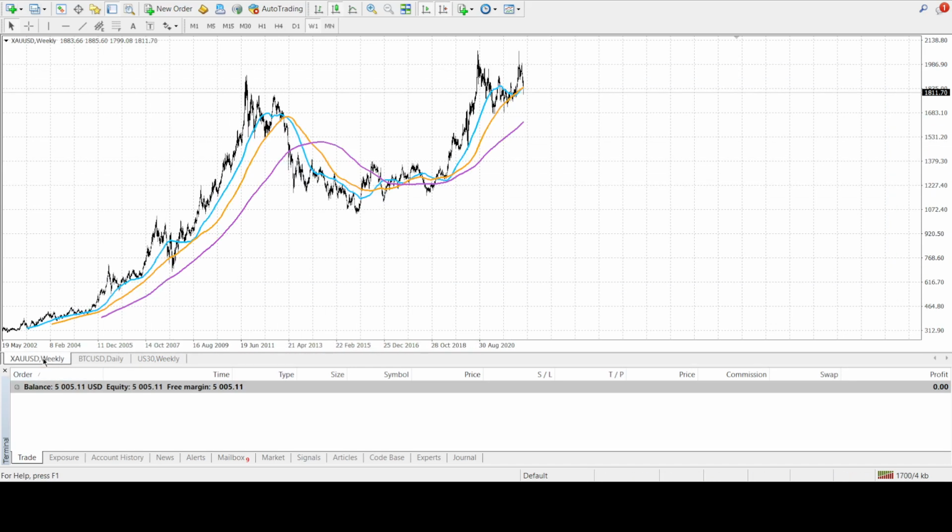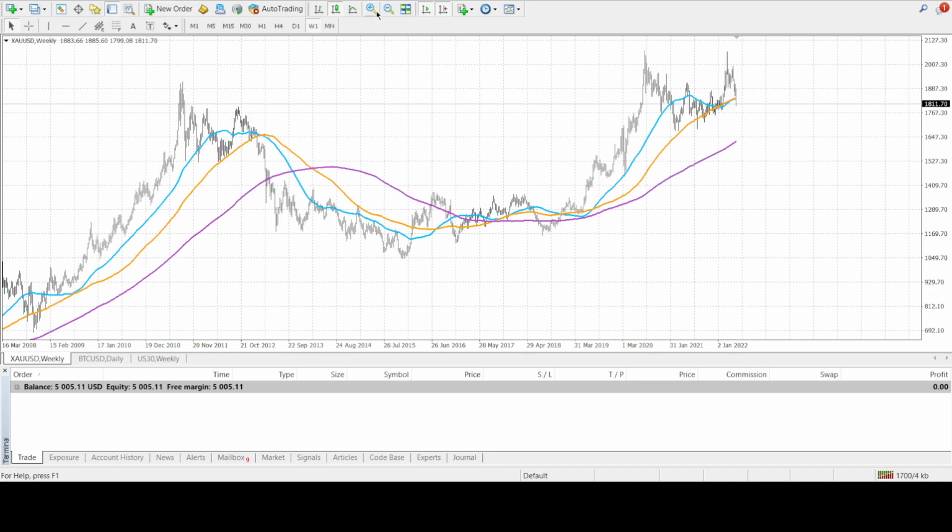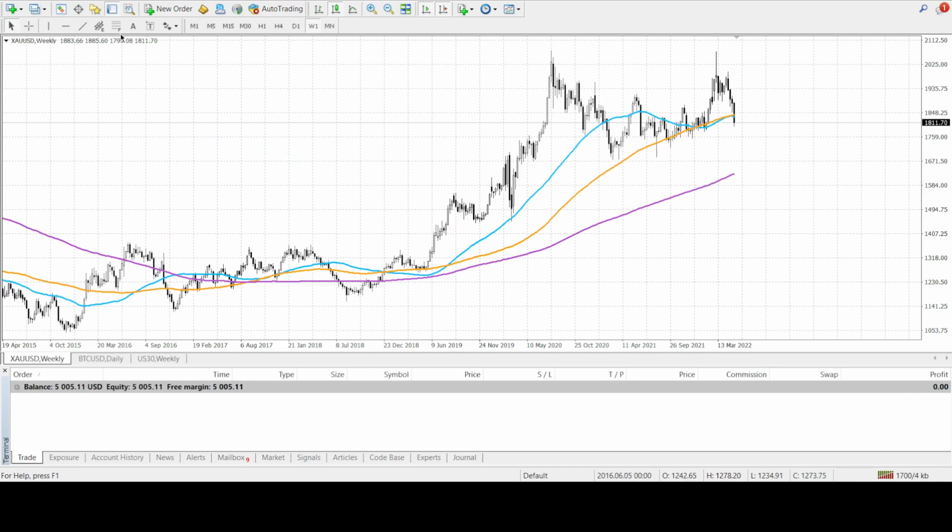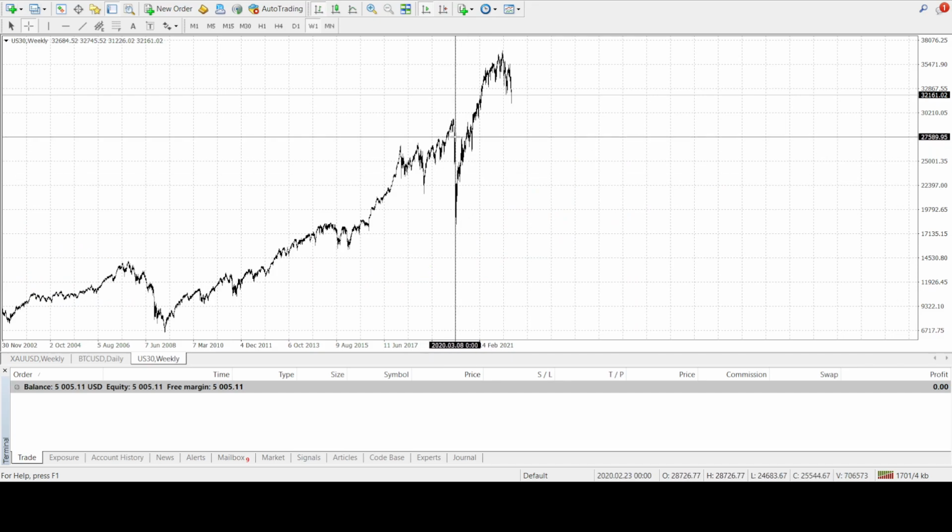But then you flip over to gold, and gold, where is it? There's the COVID crash. Gold first started crashing March 8th. So it happened after US 30 did not immediately recover. See that? So US 30 started going down first.